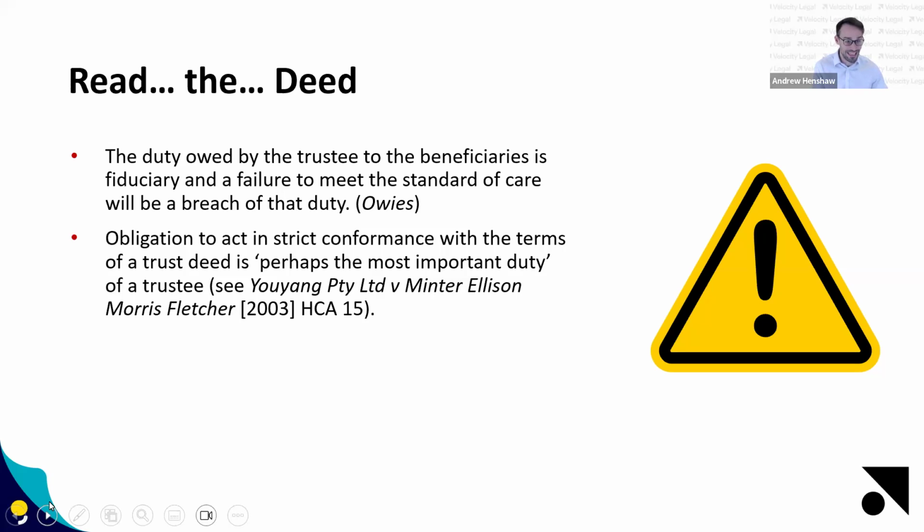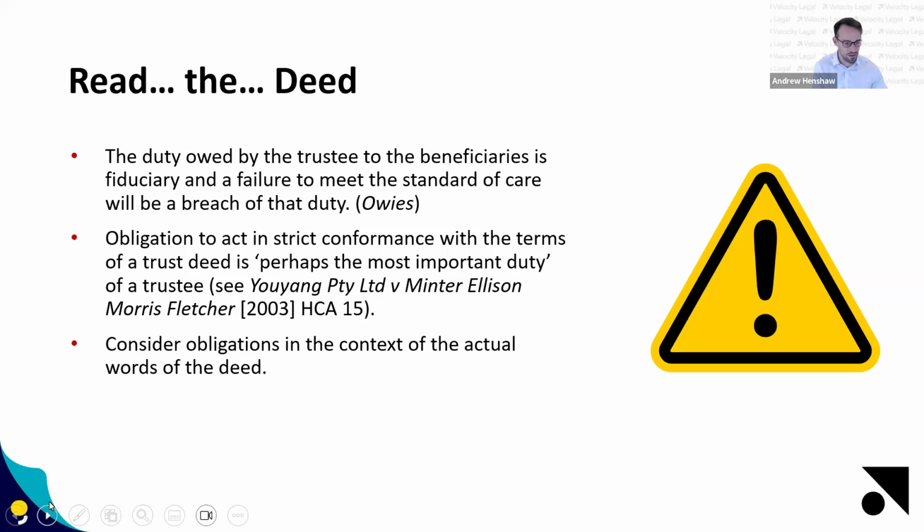So you need to read the deed and then act in accordance with it. So consider your obligations in context, the actual words used in the deed. If what you're doing isn't authorized, it's probably going to be invalid, which is going to lead to lots of adverse consequences. If you need to, get advice where appropriate.